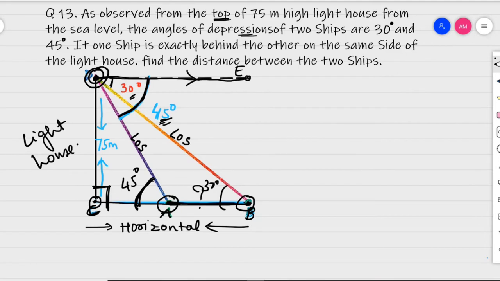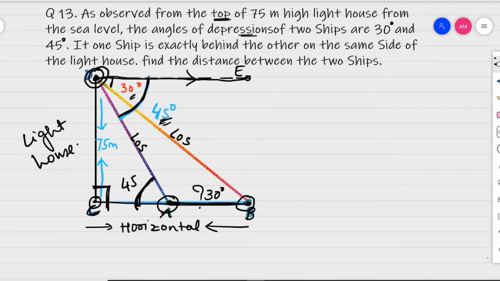Both of them are horizontals. CD and BC are on the ground and ED is in the air. Both of them are horizontal. Once you get this, you will be able to move forward. So this is 30 degrees.